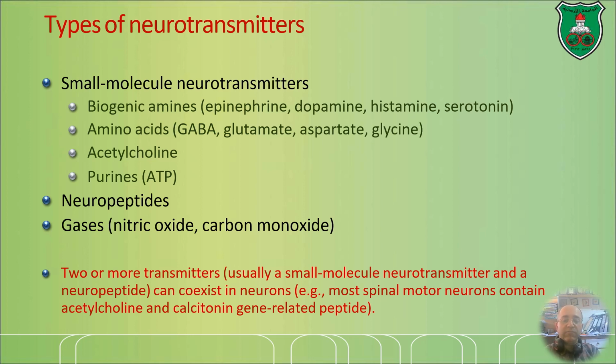We have neurons that have a combination of small molecule neurotransmitters with neuropeptides or more than one neuropeptide as well. هلا كيف يصير في release ل one versus the other؟ هون research that is going on, and it has to do with the level and probably localization of calcium ion influx into the cell.